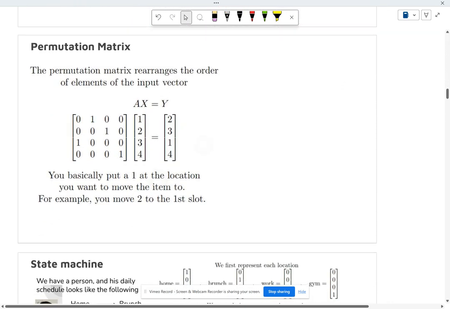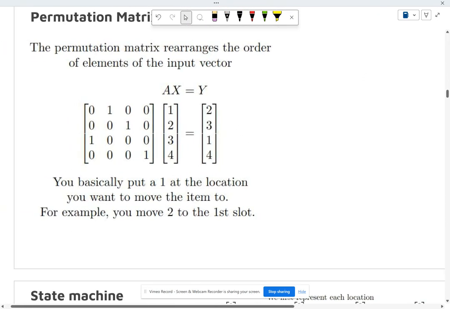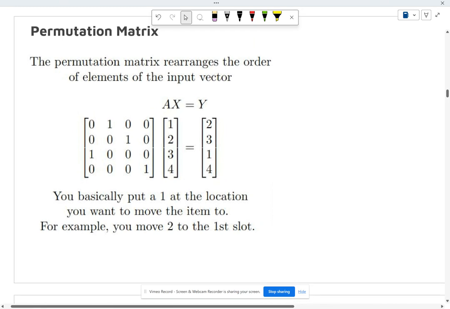Right. The next thing we can do, this is actually quite useful. It's called a permutation matrix. So if you have a vector and you want to rearrange the order, like keep all the numbers, but you want to rearrange them, you can use this thing called a permutation matrix.